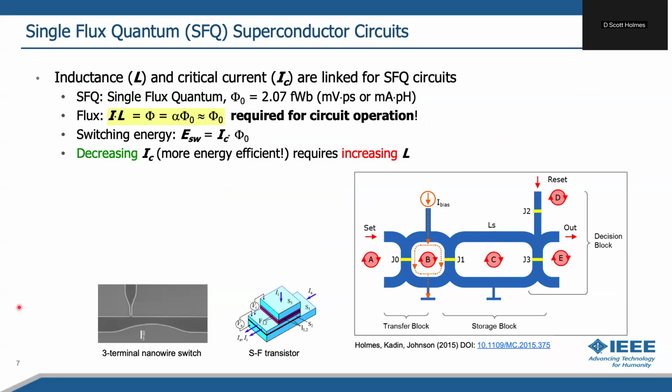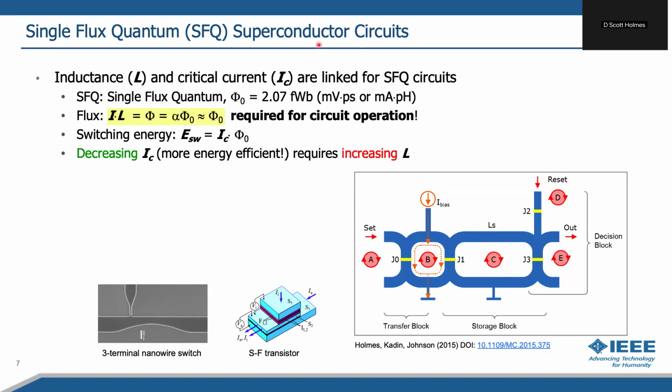So we can make circuits with these devices. And in superconductor electronics, these single flux quantum circuits, inductance and critical current are linked. And those are the important quantities. Whereas for CMOS or conventional semiconductor electronics, it's charge and capacitance that's important.